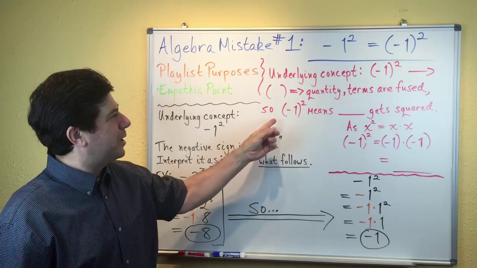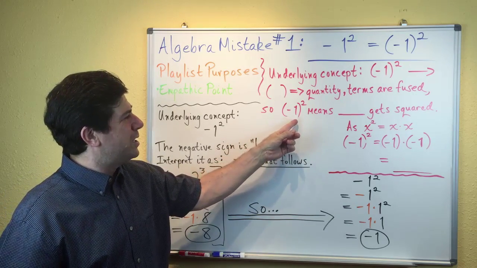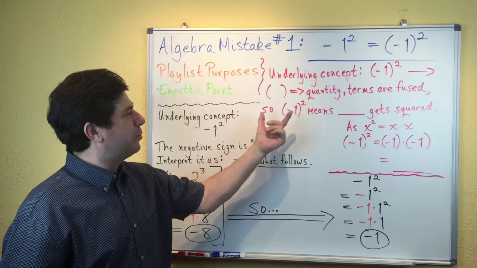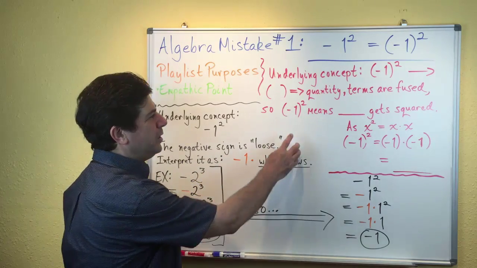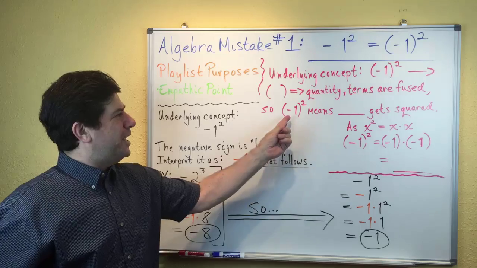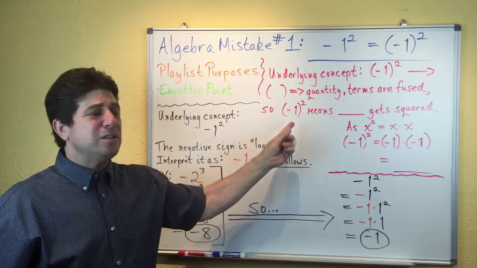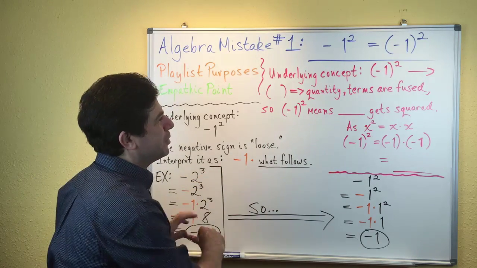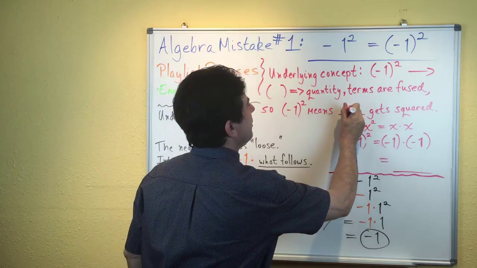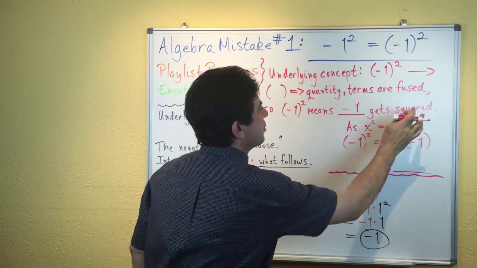And that means that right here, when you've got negative 1 being squared, the whole parentheses is being squared, not only is the 1 being squared, but the negative sign or minus sign is also being squared. So that's the first point here. The entire negative 1 is what gets squared.